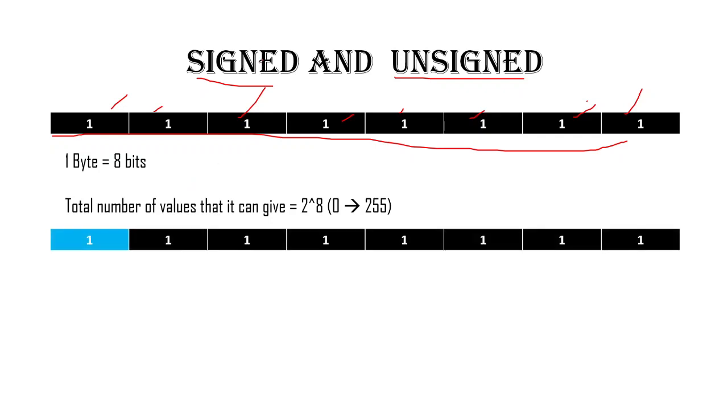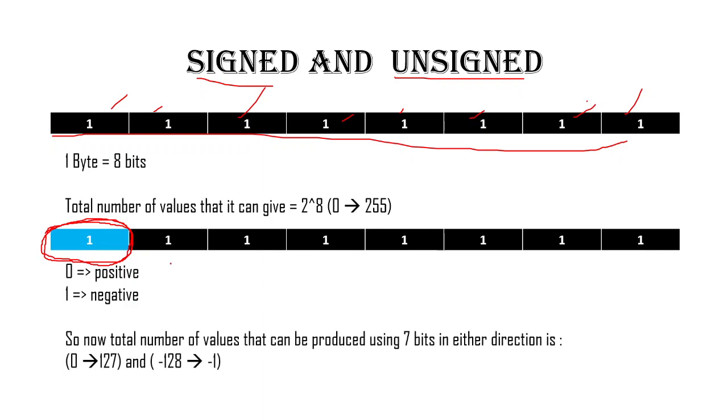So to solve the problem of whether a particular number should be negative or positive, it was decided that a single bit will be used to identify whether an integer is negative or positive. If this last bit is 0, it is positive, and if it is 1, it is negative. So this particular bit has gone to indicate whether it is a positive or negative number, and only the remaining bits are left to calculate the values.